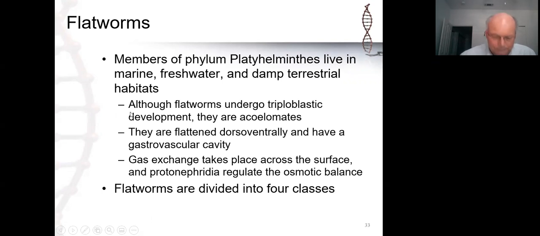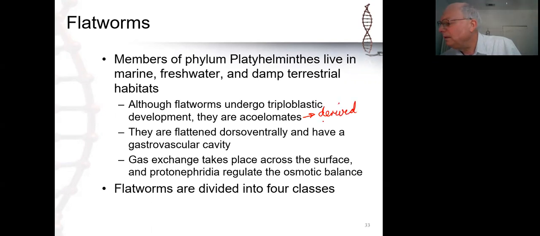These are triploblastic in their development. They are also acoelomate, and the current understanding is that the acoelomate body plan is a derived trait. As I pointed out in our coverage of chapter 32, we have had to rethink what the original animal body plan might have been.